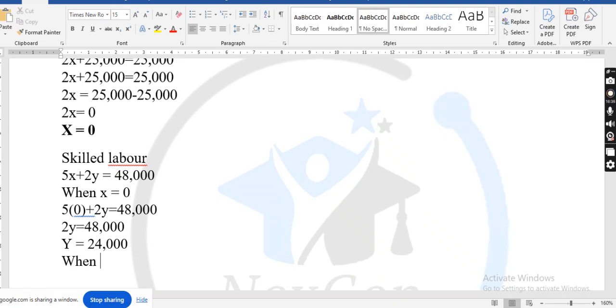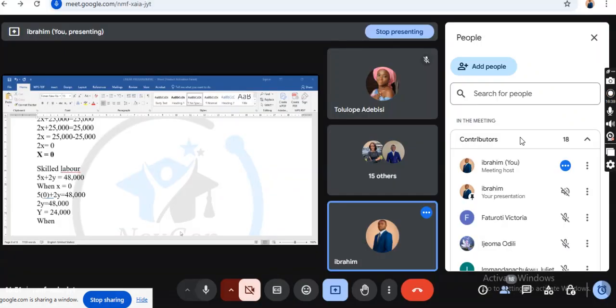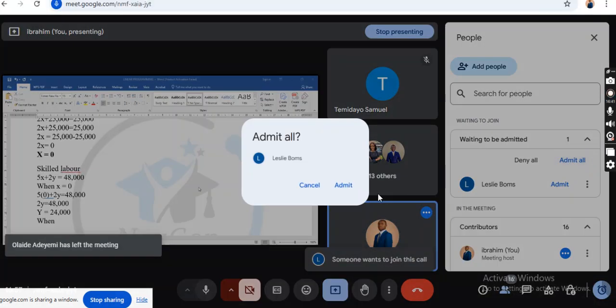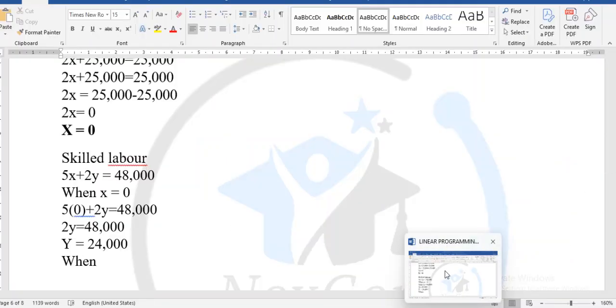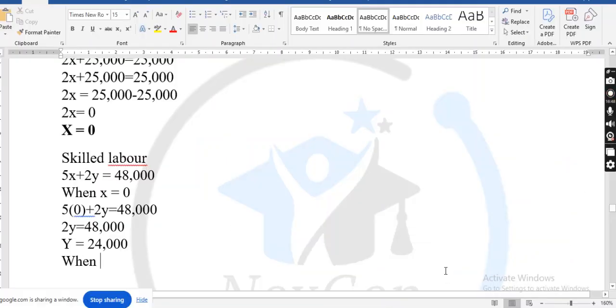Next, you already said when x is equal to 0. Now, when y is equal to 0, what will be x? So we can have 5x plus 2 open bracket 0 close bracket equals 48,000.